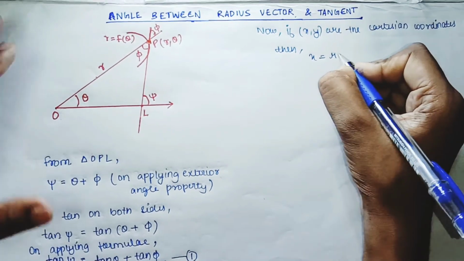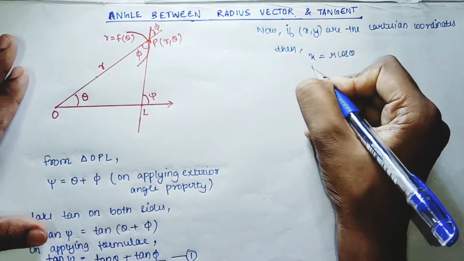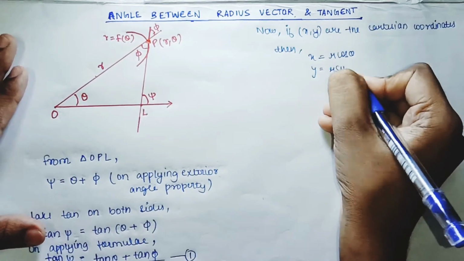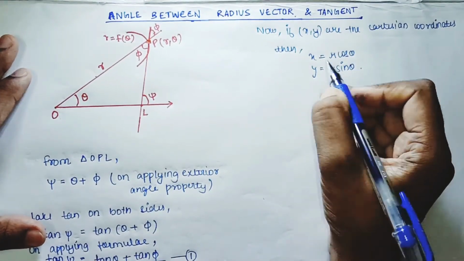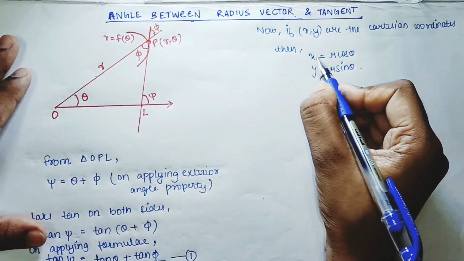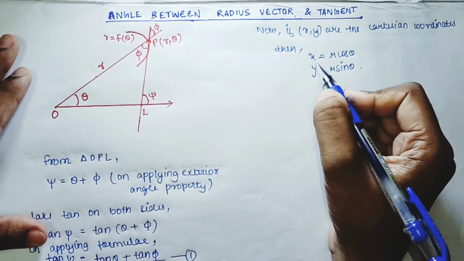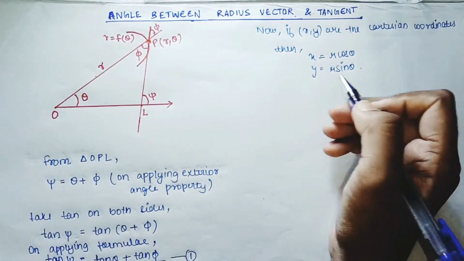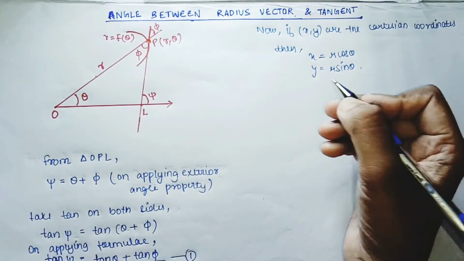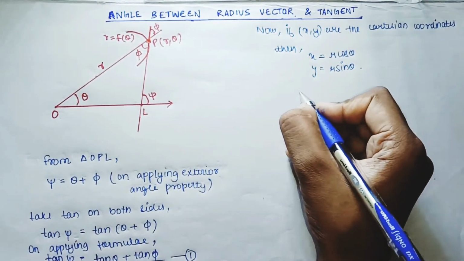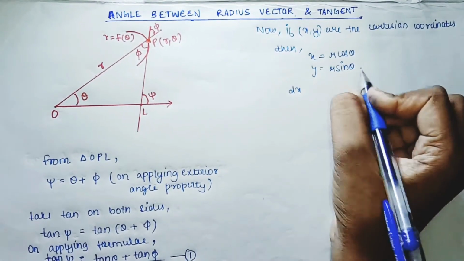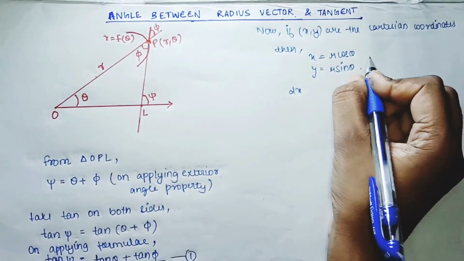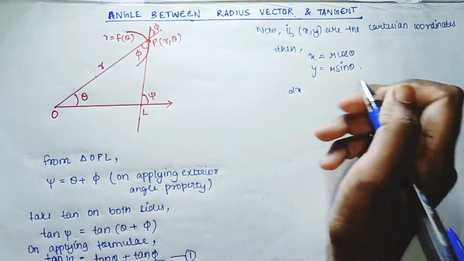That is, x is equal to r cos theta, y is equal to r sin theta. Now we'll differentiate the expressions for x and y with respect to theta, the respective angle in this case.